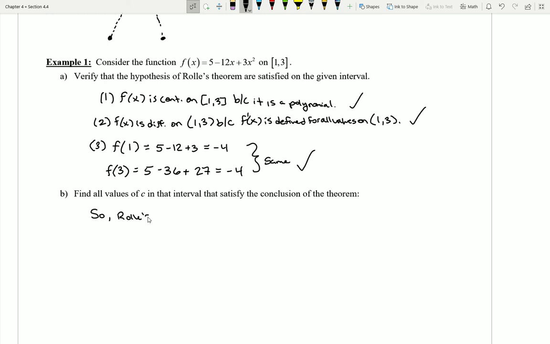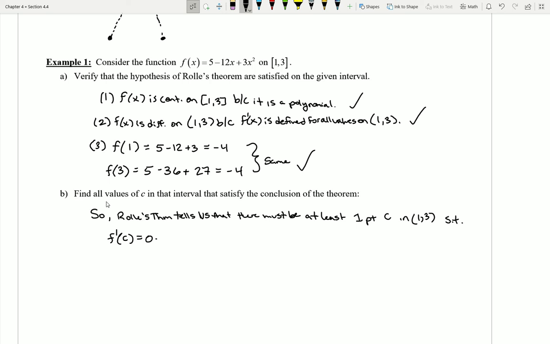Rolle's theorem tells us that there must be at least one point C in the interval from 1 to 3 such that, just a little abbreviation, f prime of C is going to be equal to 0.